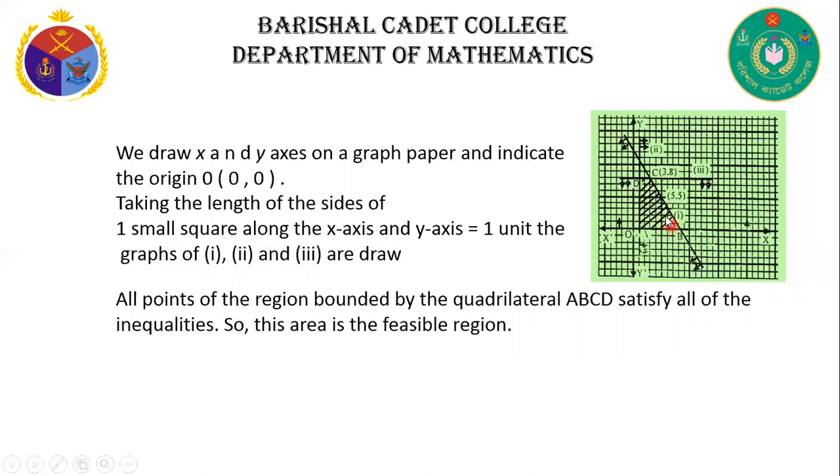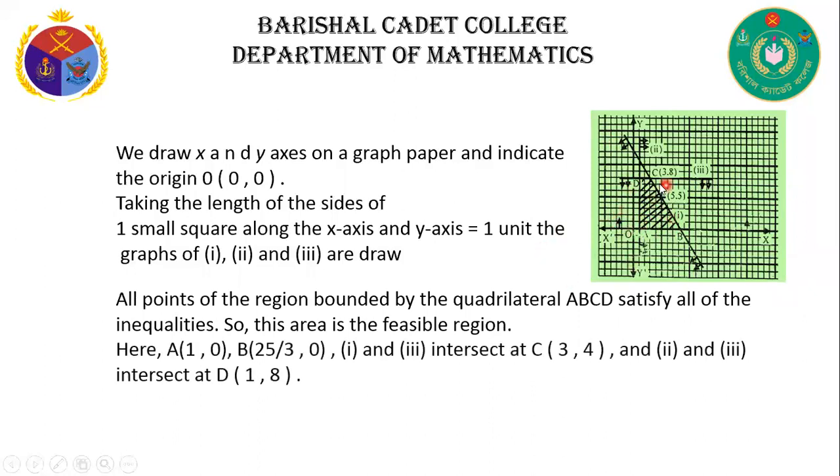Now putting these values in Z. Here you see A, that means (1, 0), and B (25/3, 0), and lines 1 and 2 intersect at C (3, 8), and lines 1 and 2 intersect D at (1, 8) here.